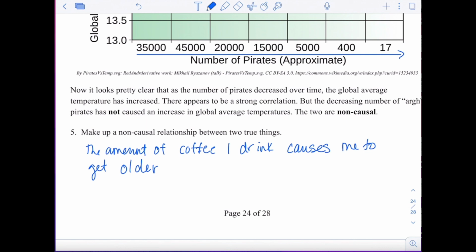Okay, so we could put number of cups on the bottom and age as my dependent variable, and definitely this would go up because every day I drink coffee, so my number of cups of coffee will get higher and higher. However, we can see that that's not actually causing me to age, because if I stopped drinking coffee, I would still get older. But in fact, if I plotted the data, I would get a strong positive correlation.